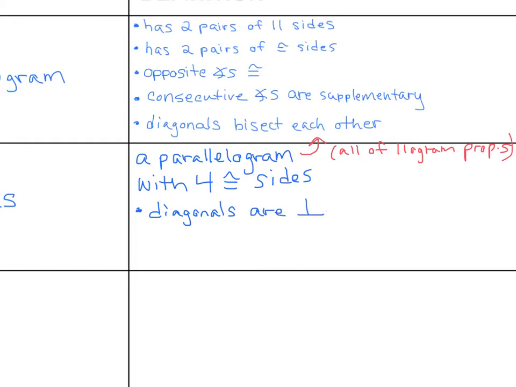So you've got a right angle in the middle there. We'll draw that in a second. And the diagonals bisect not only each other, but the angles of the rhombus.